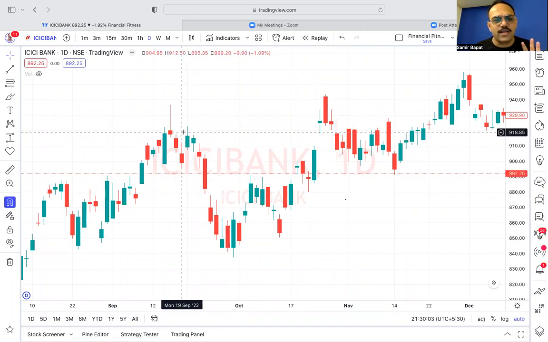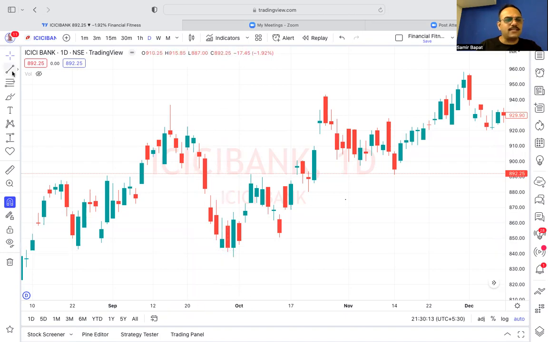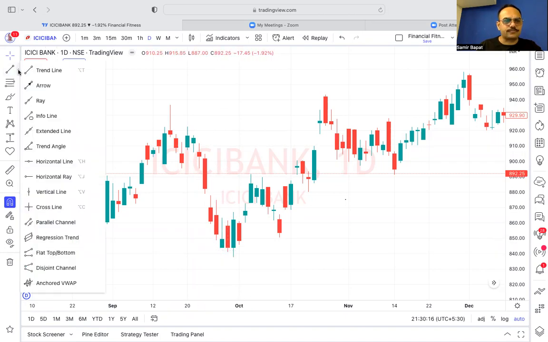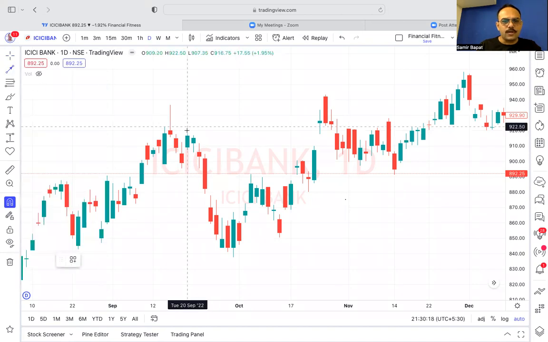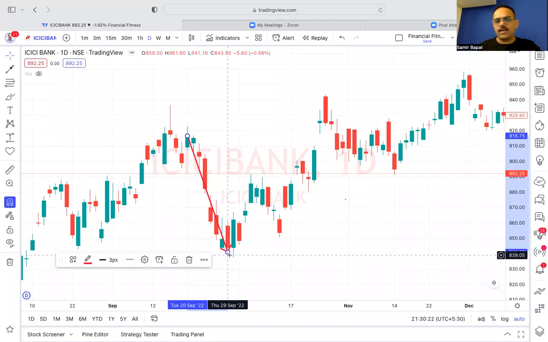If a price is going down for anything greater than 5, 6 days, 7 days, 8 days, going down like this, it will be called a downtrend. So this we can mark as a downtrend.